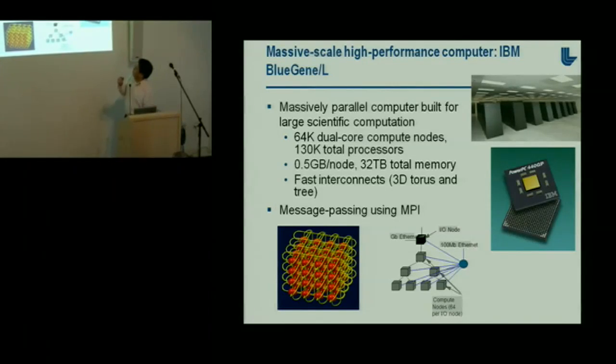It has 64,000 nodes, each with dual cores, giving 130,000 processors, and 32 terabytes of memory in total. All the nodes are connected by a very fast 3D torus network and some tree networks. For the programming environment, we use message passing with MPI libraries.